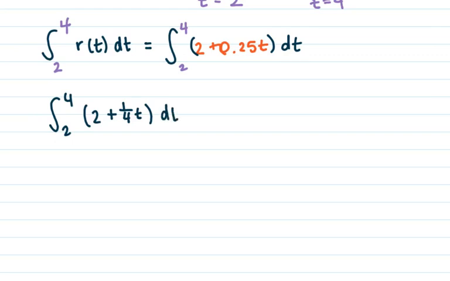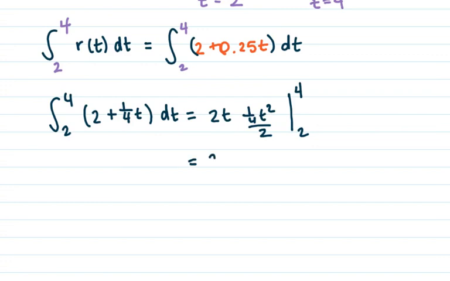I think that's a little easier to work with, but to each their own. The antiderivative of 2 will be 2t, and 1/4 t will become t squared over 2. And remember, we don't have to do plus c when it's a definite integral, but we are evaluating it from 2 to 4.